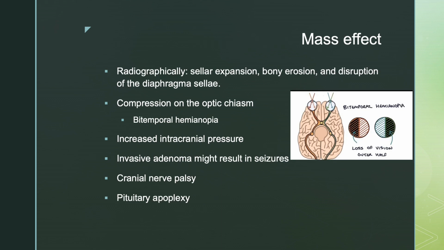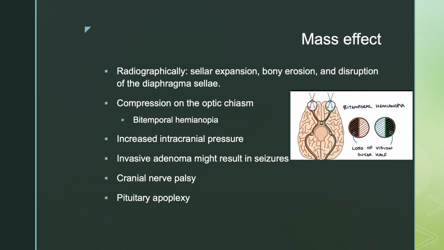Mass effect is another representation of pituitary diseases. Radiographically, the sella seems expanded. The bone surrounding the sella turcica or forming the sella turcica is eroded, and the soft tissue at the roof of the sella turcica, named the diaphragma sellae, might be disrupted. If the mass is big enough, it can cause compression of the optic chiasm.